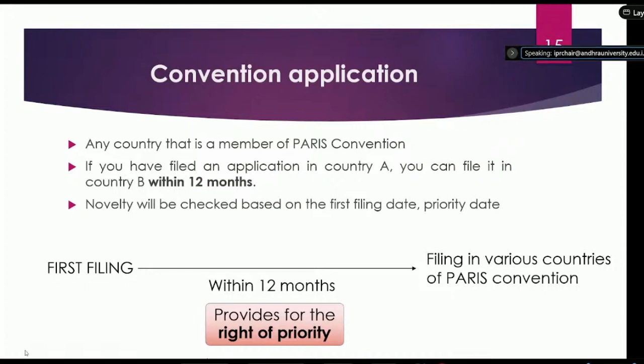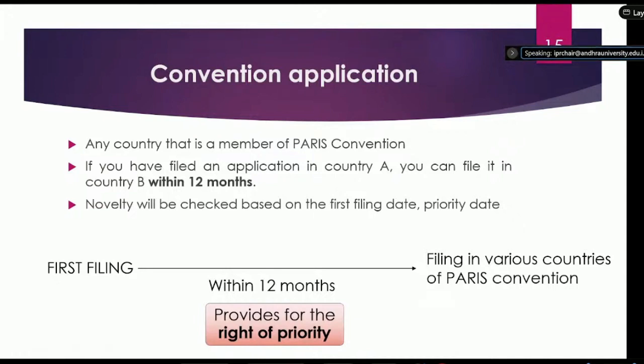So that will be called a convention application. The priority date will be the date of filing of your Indian application. The priority date will decide your novelty. So when the US application is checked, you might say that your application is already there in the Indian Patent Office, so your novelty is lost.